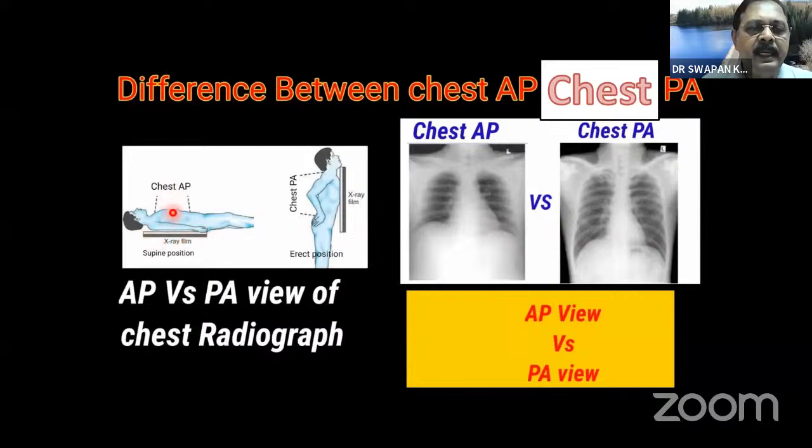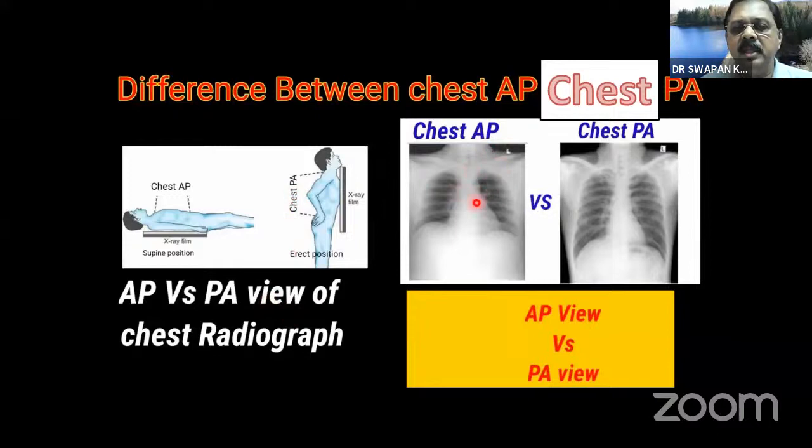The anterior part of the chest is facing the tube of the X-ray, so it will be the AP view. And the PA view is when the child stands erect, or you suspend the child in a hanging position, and you keep the X-ray plate or cassette in front of the frontal part of the chest and send a beam from the back, so it is called the PA view.